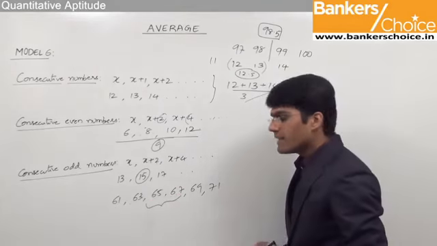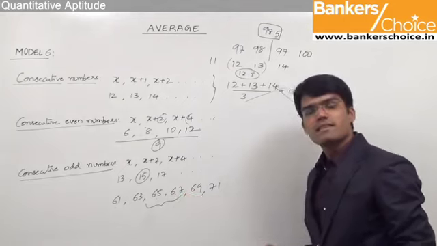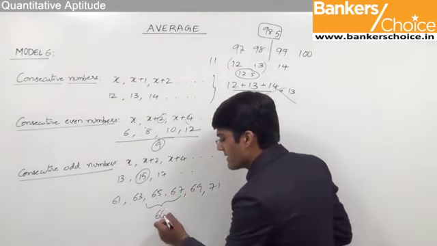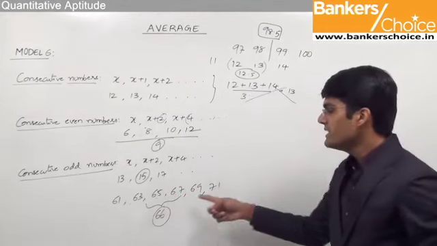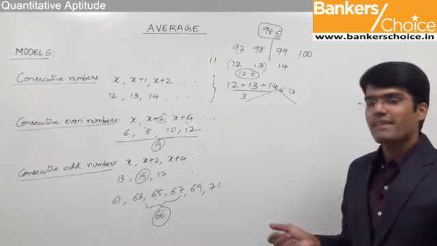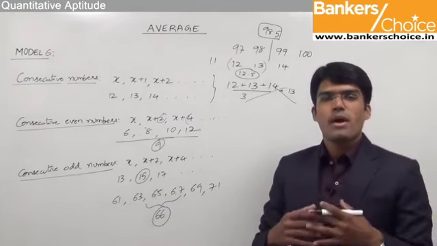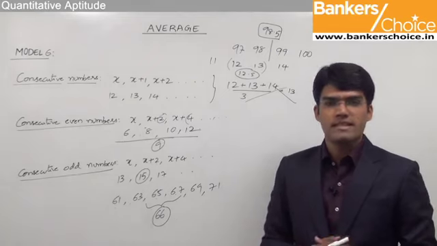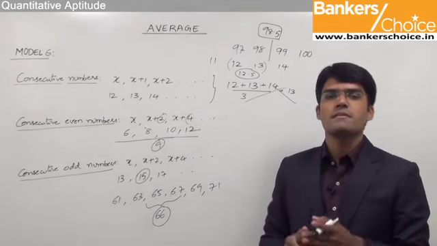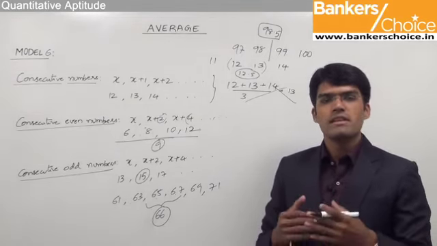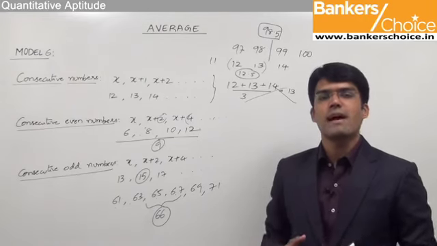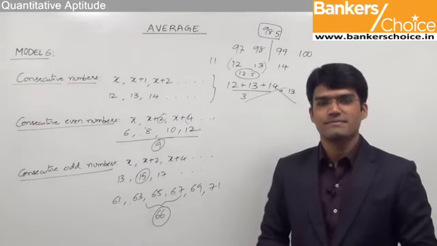We very clearly know that the number which comes between 65 and 67 is 66. So I can say that the average of these consecutive odd numbers is 66. So the point here is, for any type of consecutive numbers, average will always be the middle number. And if there is no one middle number, we should take the average of 2 middle numbers.